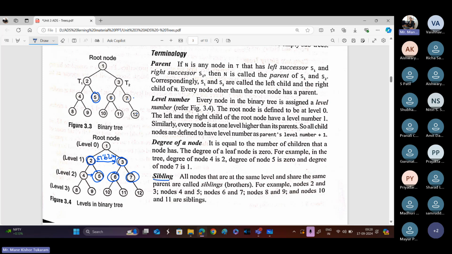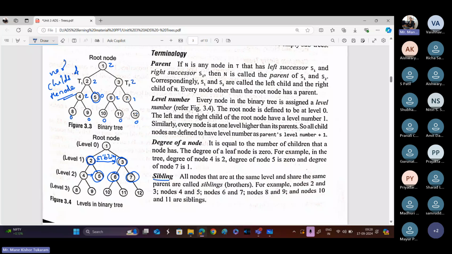So this has one child, this has two children, this has 0 children, this has two children. Again 0, 0, 0, 0, 0, then 2, 2, 2. Okay. So these are the children of the node.